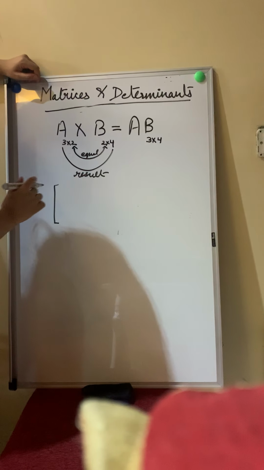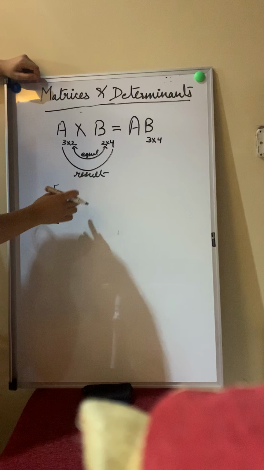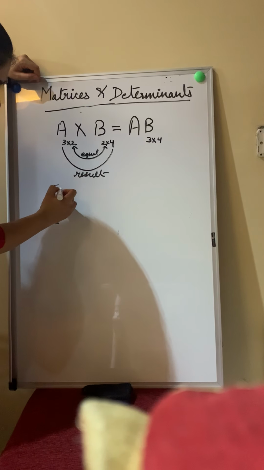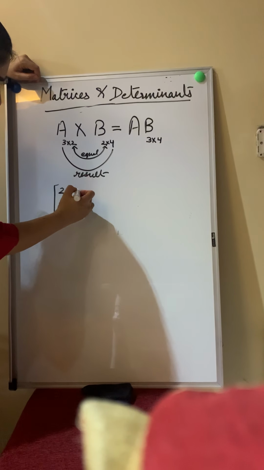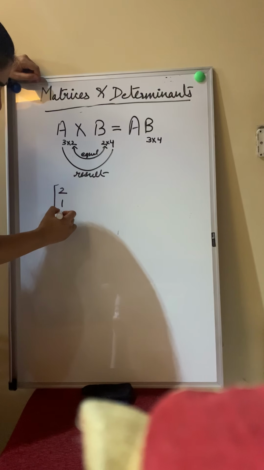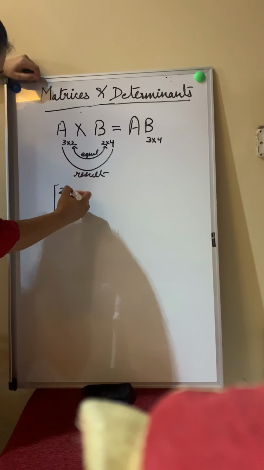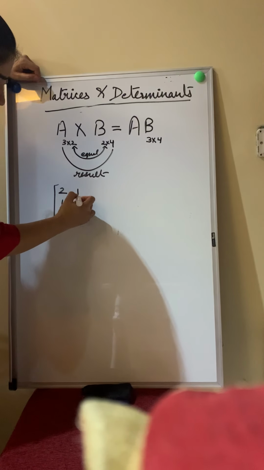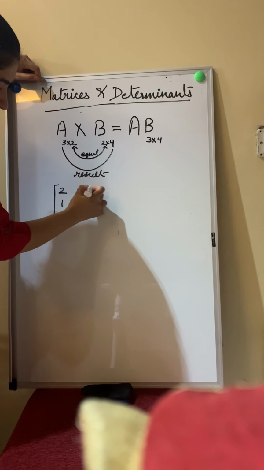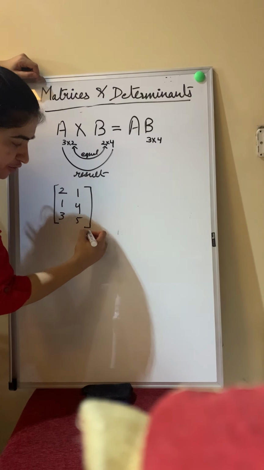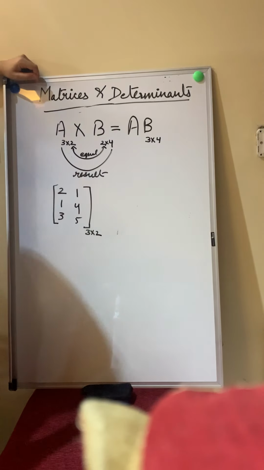Like if I am writing this A, there are 3 rows and 2 columns. I am taking random numbers: 2, 1, 3 in the rows, and there are 2 columns, 1, 4, and 5. This matrix has an order of 3:2.